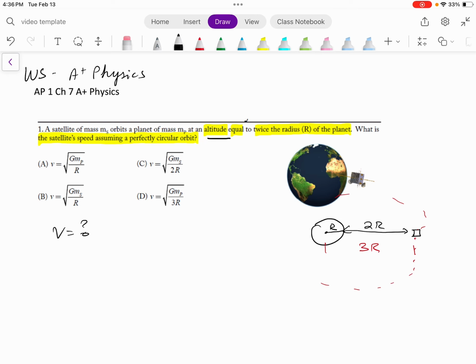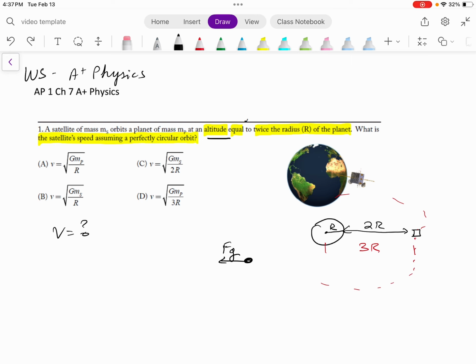If you draw a free body diagram on that satellite, the only force keeping it in that orbit, the only force that is creating the centripetal acceleration, is the force of gravity between the planet and the satellite. There is a gravitational field that the satellite is under that has been created because of the mass of that planet. So let me erase all those field lines so they're not around us.